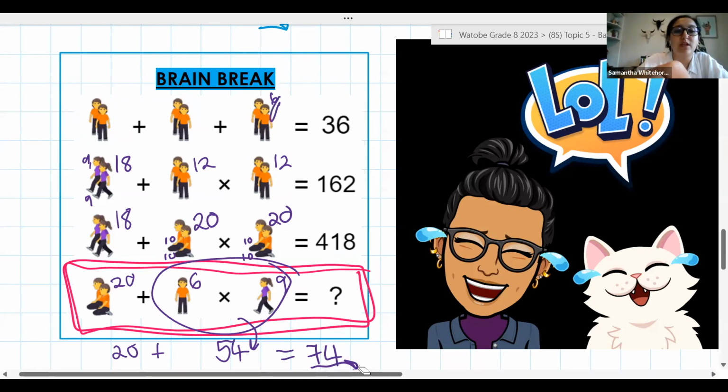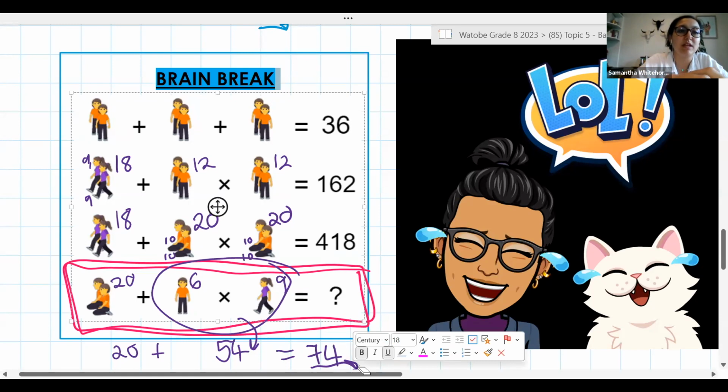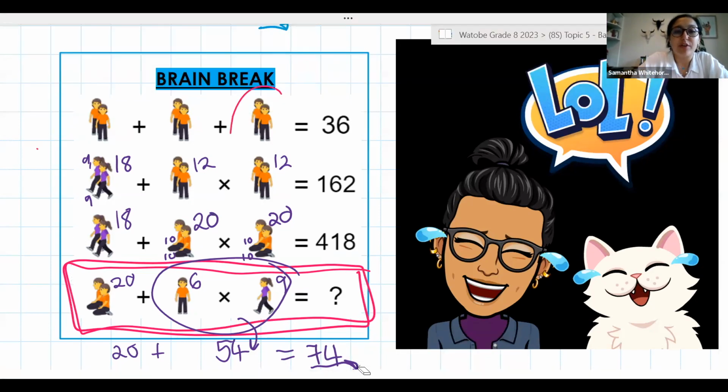Just for those of you that do seem a bit confused, I'm going to explain the first one. We've got 3 identical pictures that must add together to give me 36. So I need 3 identical numbers that add together to give me 36. 12 plus 12 plus 12 gives me 36. So every time I see 2 men standing up in a shirt, I know I'm working with 12.